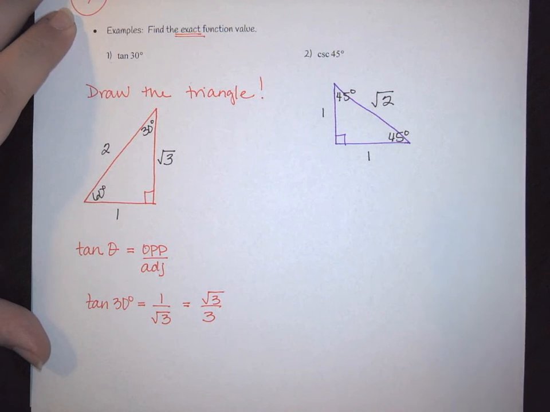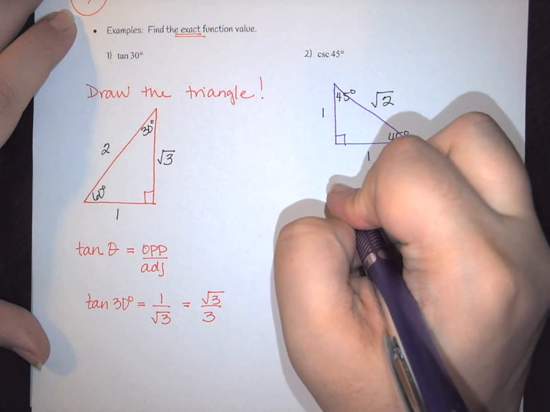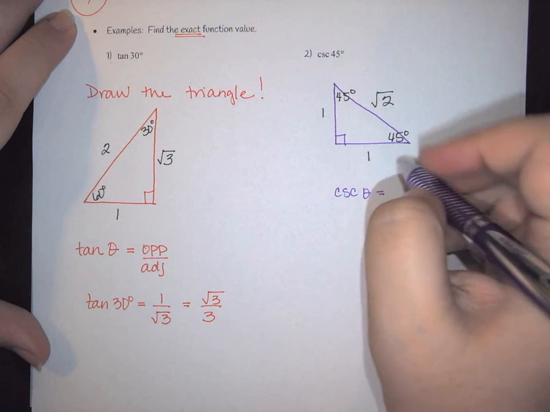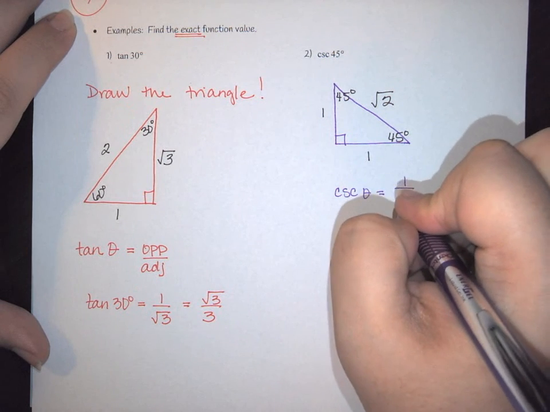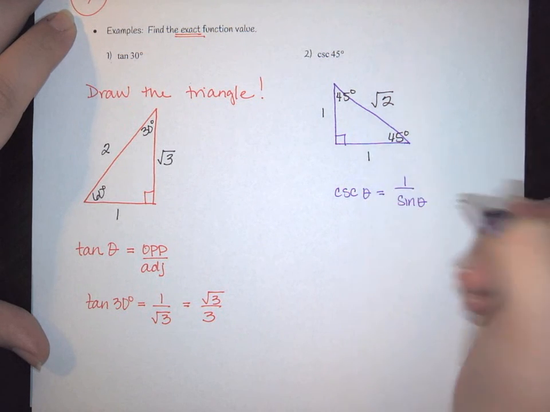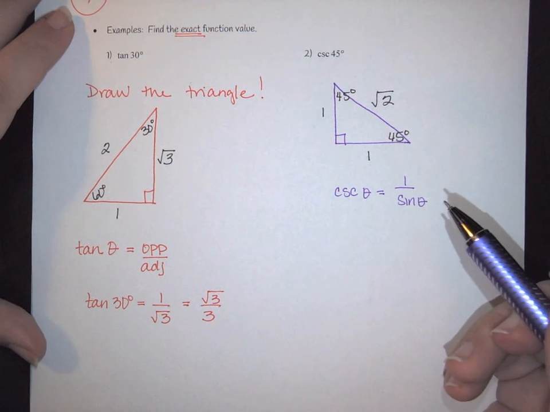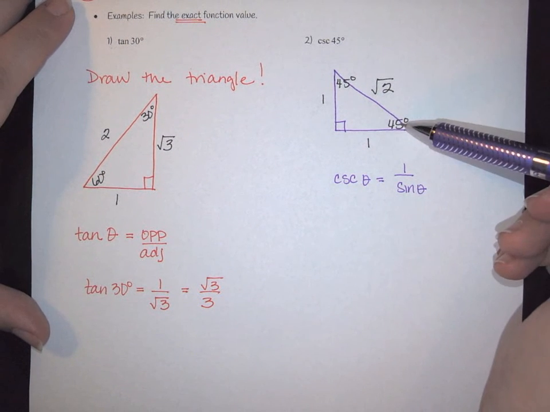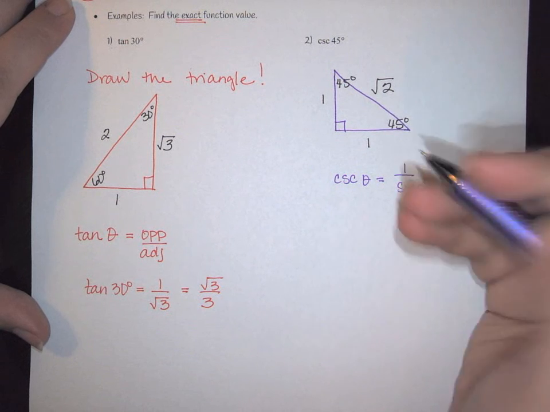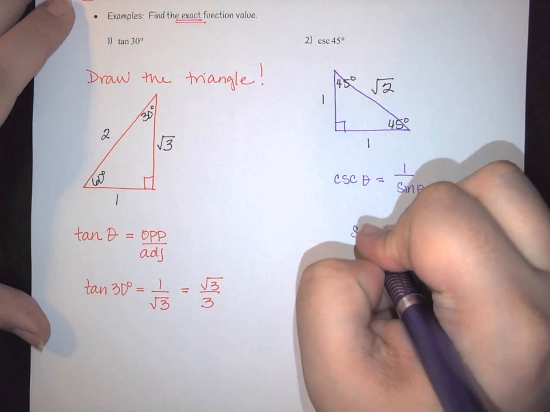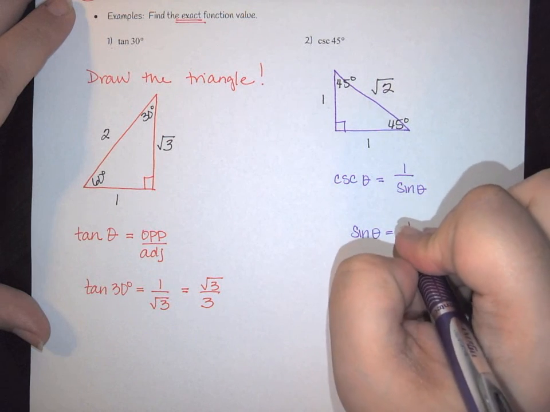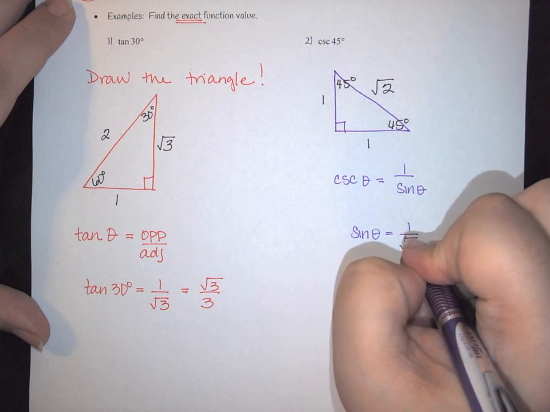Now the other thing I know is that I want the cosecant of theta, which is the same as 1 over the sine of theta. And in this case, if I looked at sine, I know my sine would end up being 1 over the square root of 2.